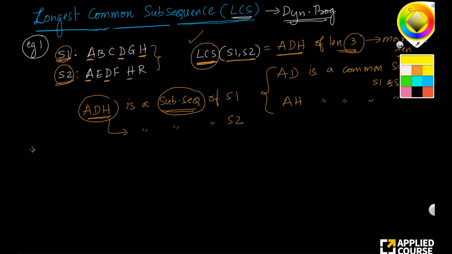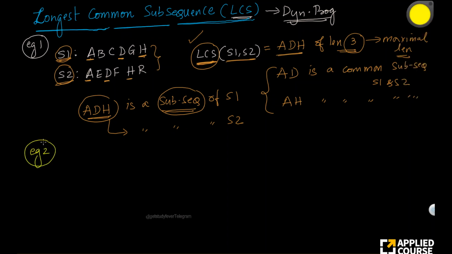Just to make this more concrete, imagine I have two inputs like this. Let's say my S1 is AGGTAB. Let's assume my sequence S2 is GXTXAYB.